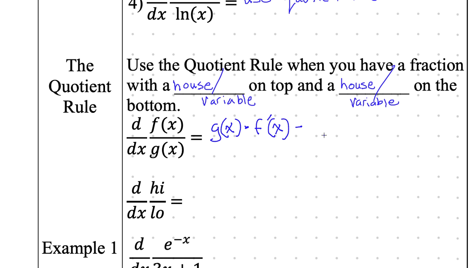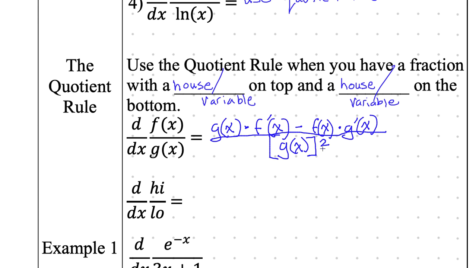And I'm going to do the upper, so f of x times the derivative of g of x, so times g prime of x. And all of this is going to be divided by g of x quantity squared. And that formula looks messy and it's gross, and that's why we have this other one.